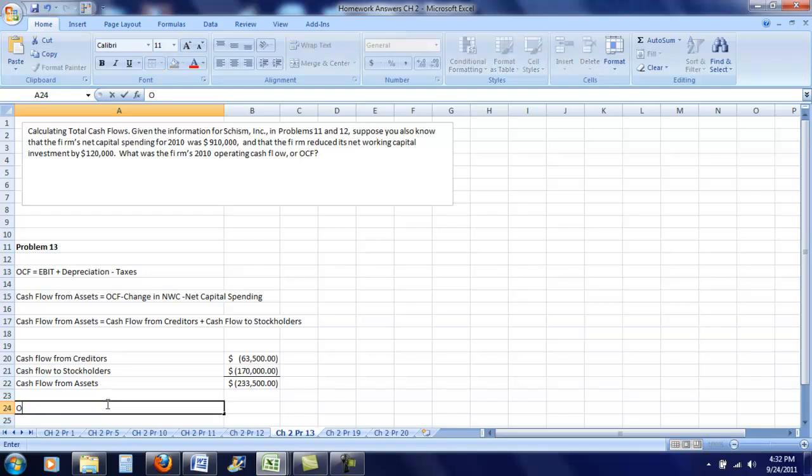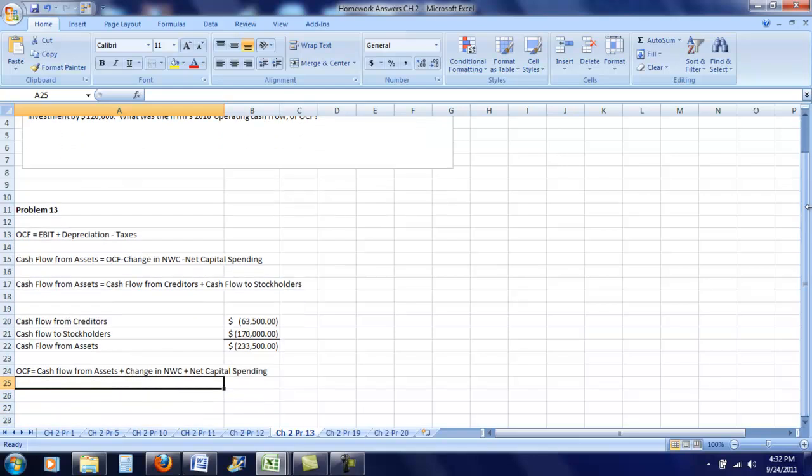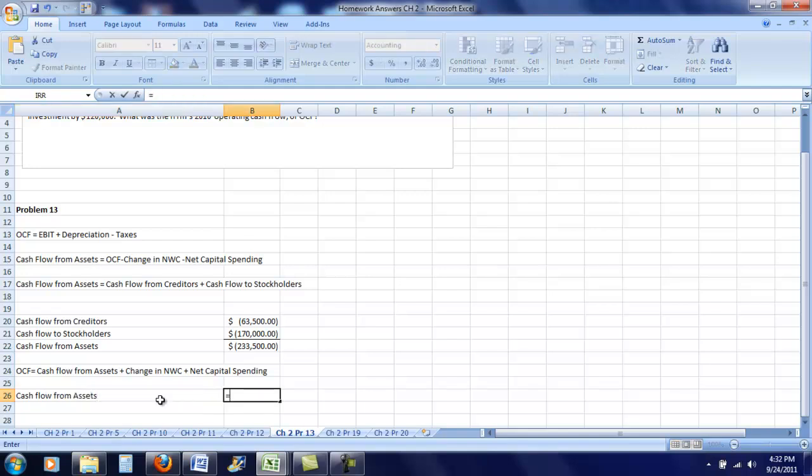operating cash flow equals cash flow from assets plus change in net working capital plus net capital spending. So my cash flow from assets, I just solved for right here.